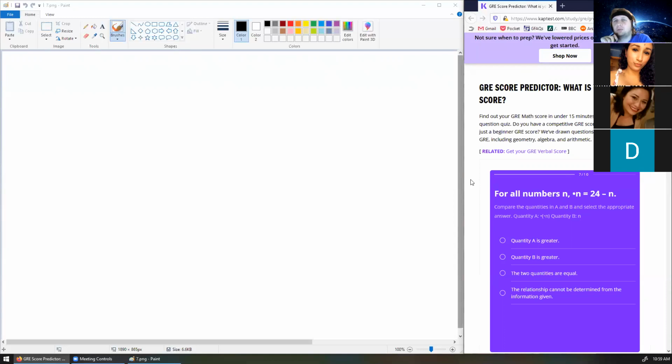What is the actual question? First thing we're doing, what's the actual question? I believe it wants us to know, in essence, what the value of A and B is in order to determine which one's greater, or if they're equal.